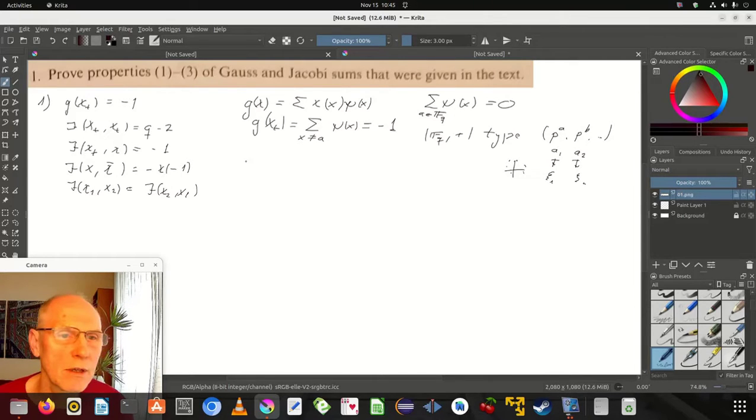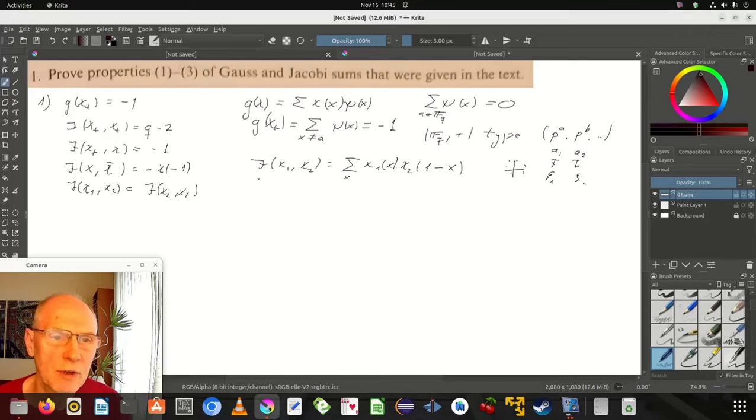J of chi1, chi2 is defined as the sum over all x's of chi1 of x times chi2 of 1 minus x.